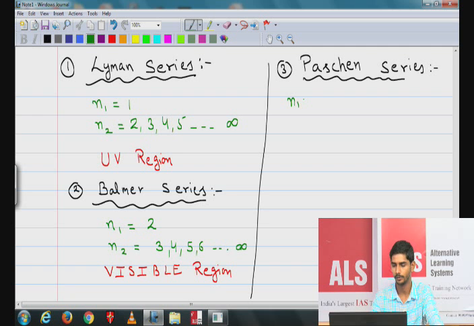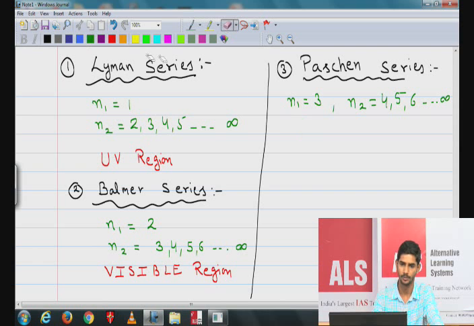So here N1 will be fixed, which is 3. But N2 is not fixed again. It can have value 4, 5, 6 up to infinite, anything. This belongs to the infrared region. Where in infrared? Near.